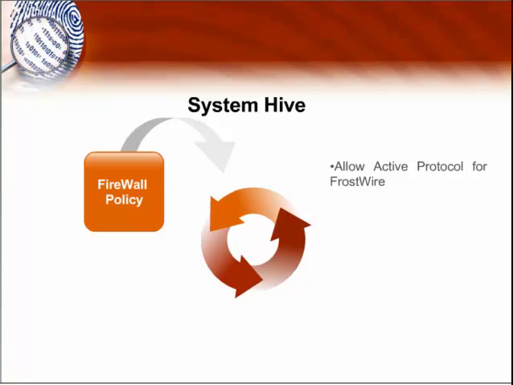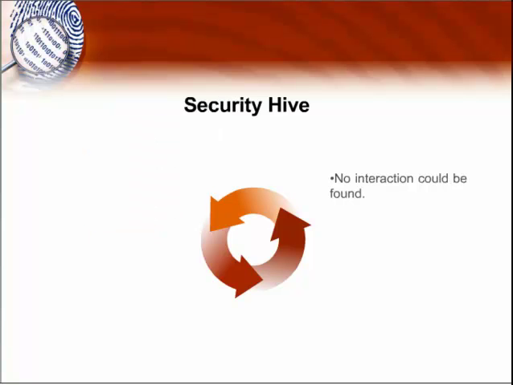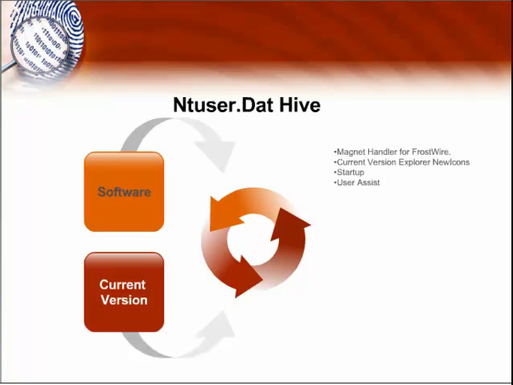So it will always allow any cross communication with the Frostwire network, which to me, number one, is very, very worrisome, as it means that no matter what you implement in your company, Frostwire bypasses it through. The security hub, we found no interaction whatsoever that we could monitor.